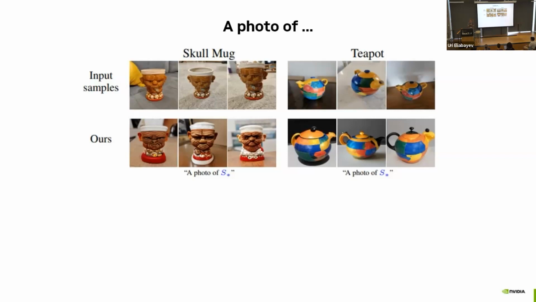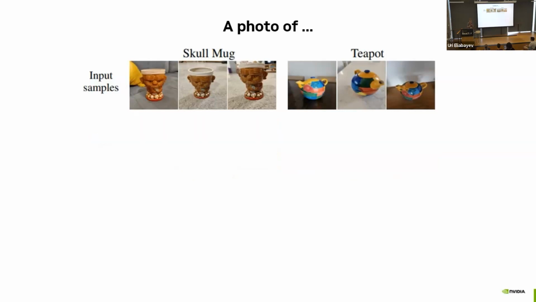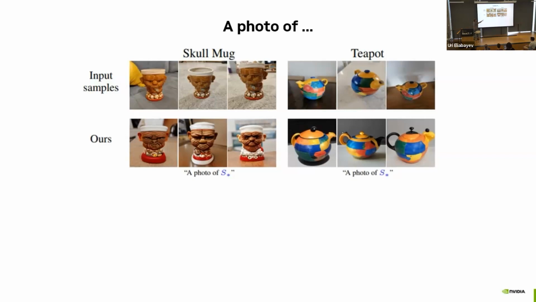In fact, when you do an experiment with people, if you just show them this briefly, they basically say the variability within the normal ones is about the same as the variability between the original images and the generated ones. So surprisingly, even though this model can only learn a single word, which is going to be just a single vector, you can represent very complicated visual information with that.